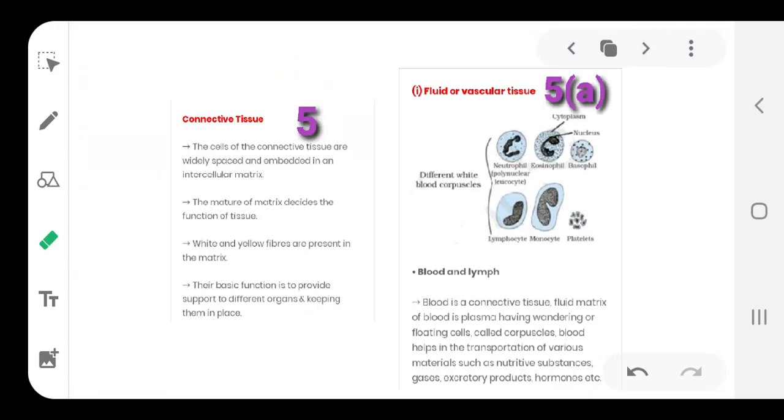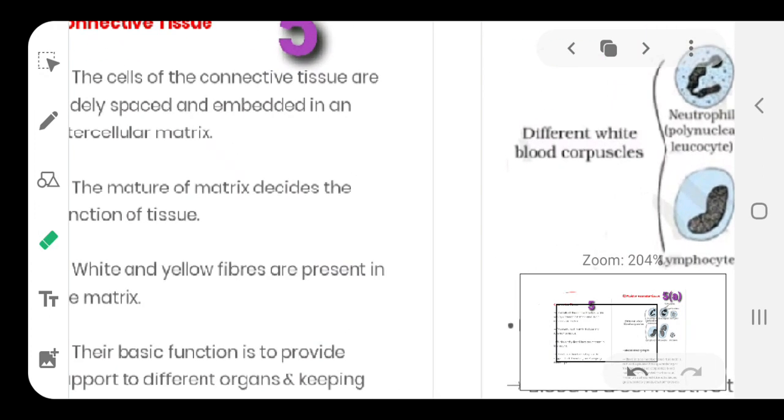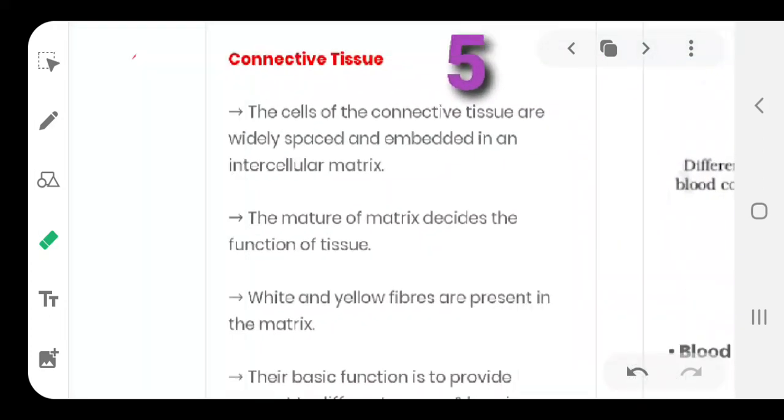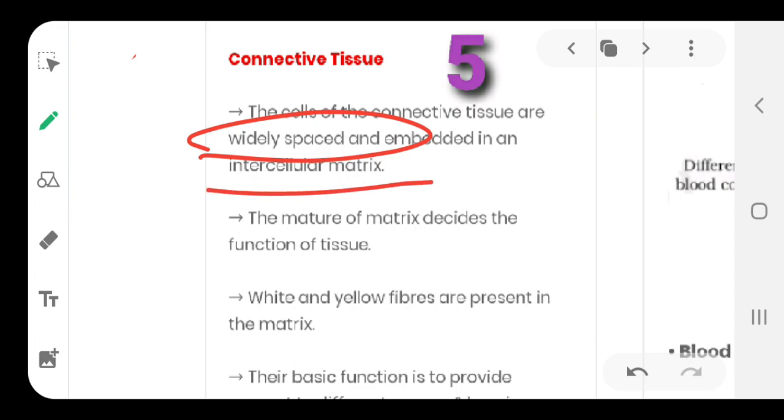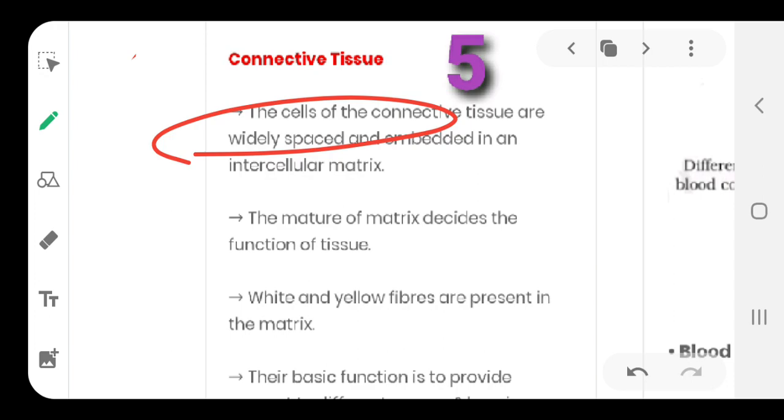Now comes the second important tissue in animals, called connective tissue. In this connective tissue, first write down the features. Number one, the cells of this tissue are widely spaced and embedded in an intercellular matrix. So write first that they are widely spaced.